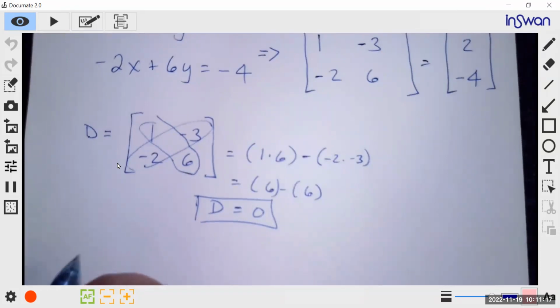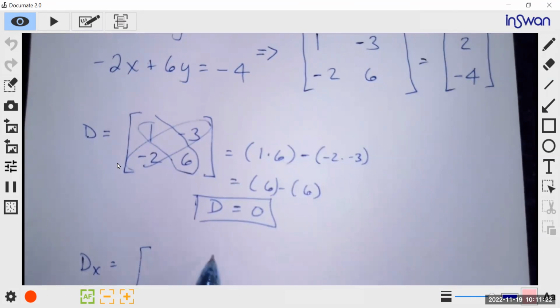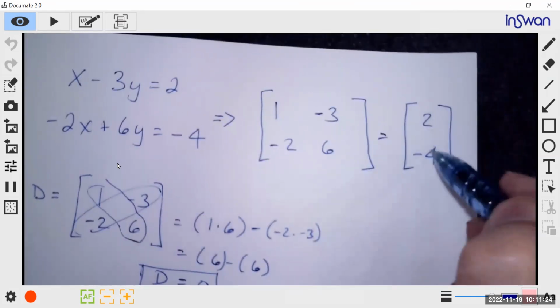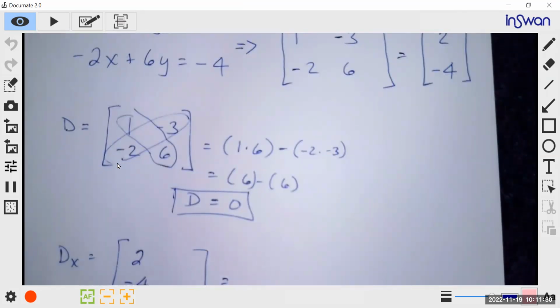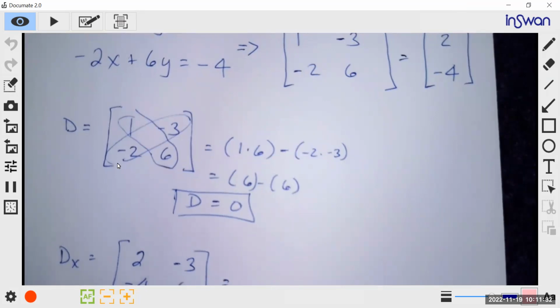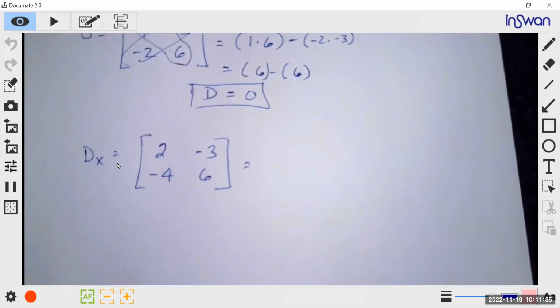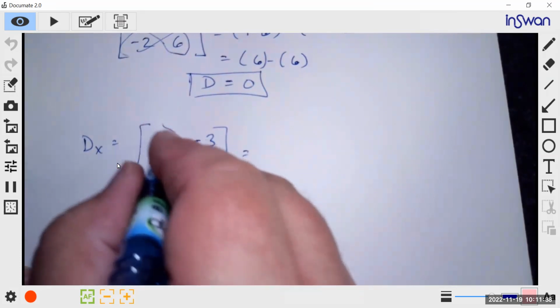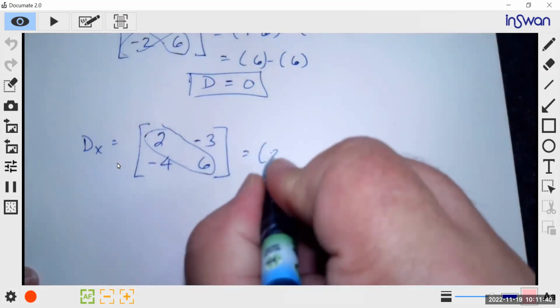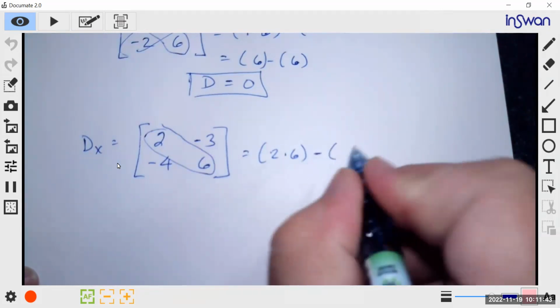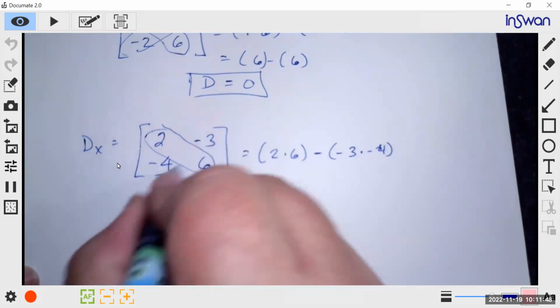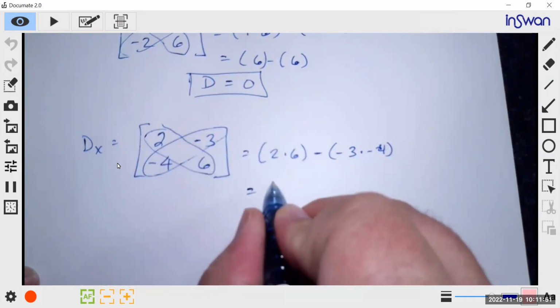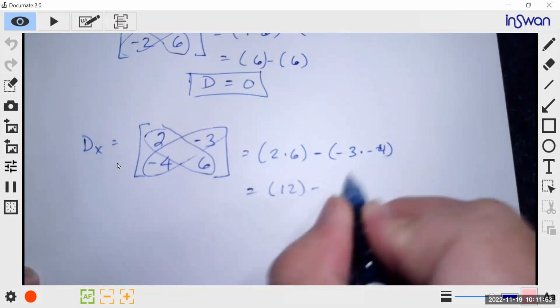All right, let's test the Dx and Dy. Dx: take the answers, put them in place of the x column. 2, negative 4, negative 3, 6. 2 times 6 minus negative 3 times negative 4. 2 times 6 is 12.